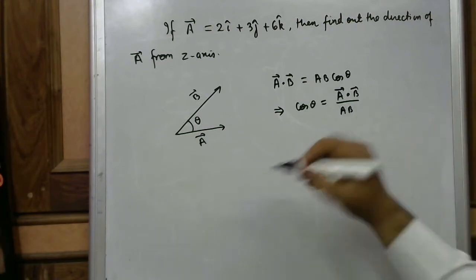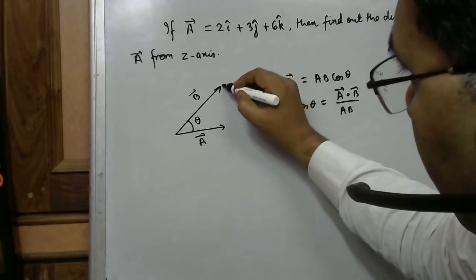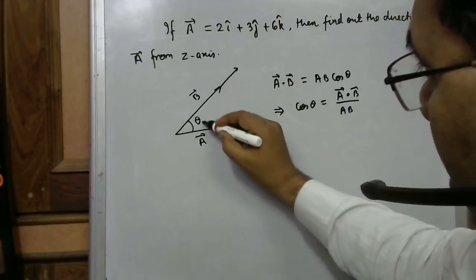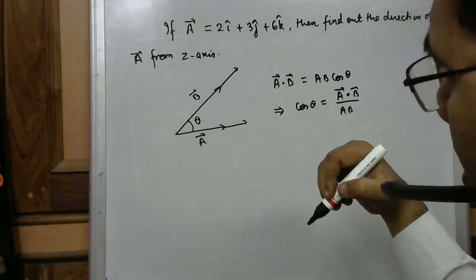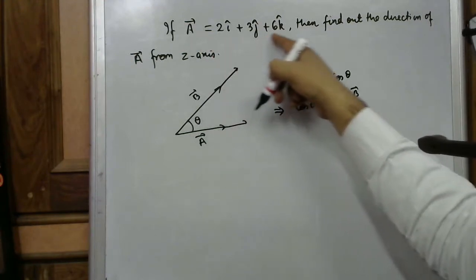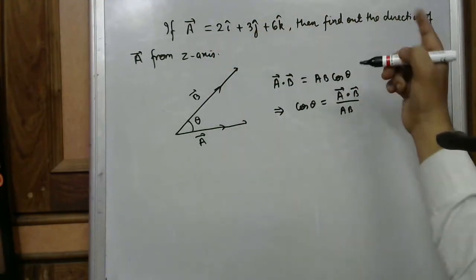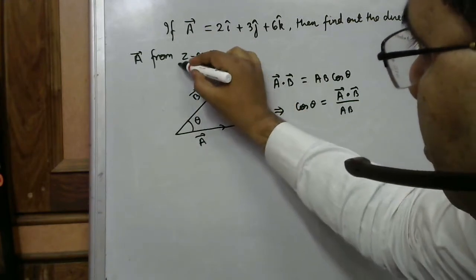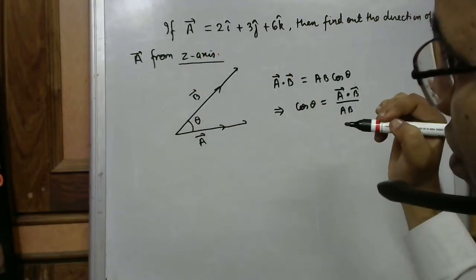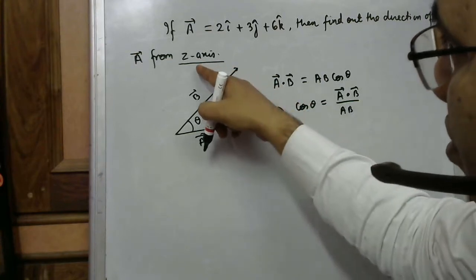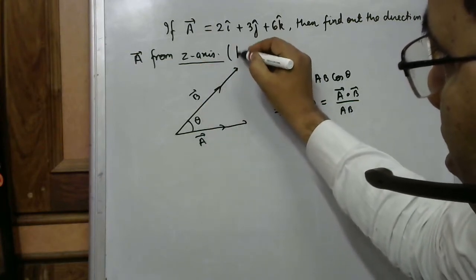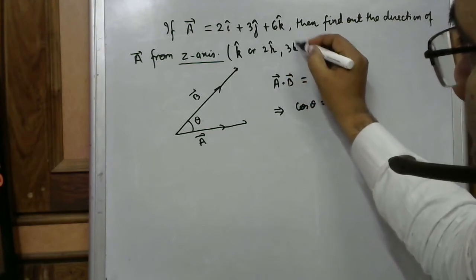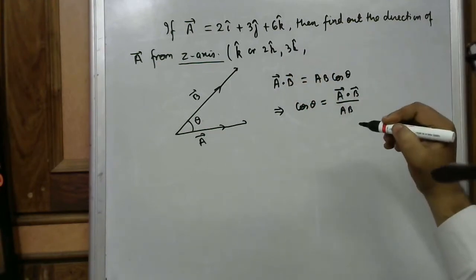Now if I change the magnitude of either vector B or A, this angle will not change. Here one vector is given in this question, vector A, but another vector is not given, but instead of that the axis is given. I can take any vector along this direction, like k vector or 2k vector or 3k vector, or any vector.